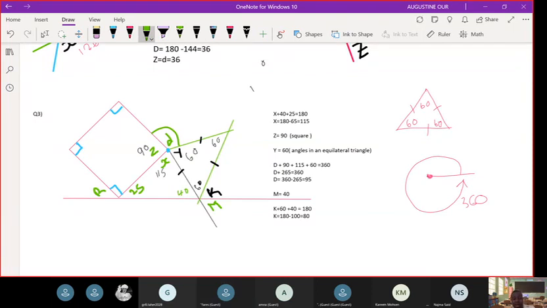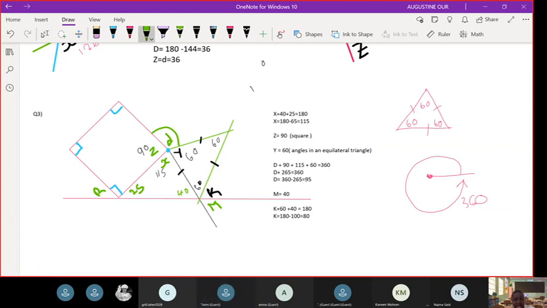There are no parallel lines here. The black and the blue lines are not parallel. If they were parallel, then automatically it would be 40. 25? No, it's not 25. Something close. 30? No, who is guessing that?